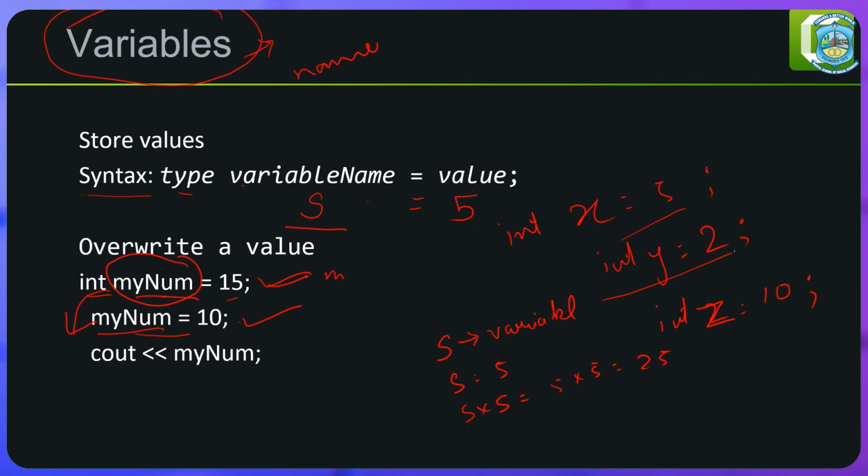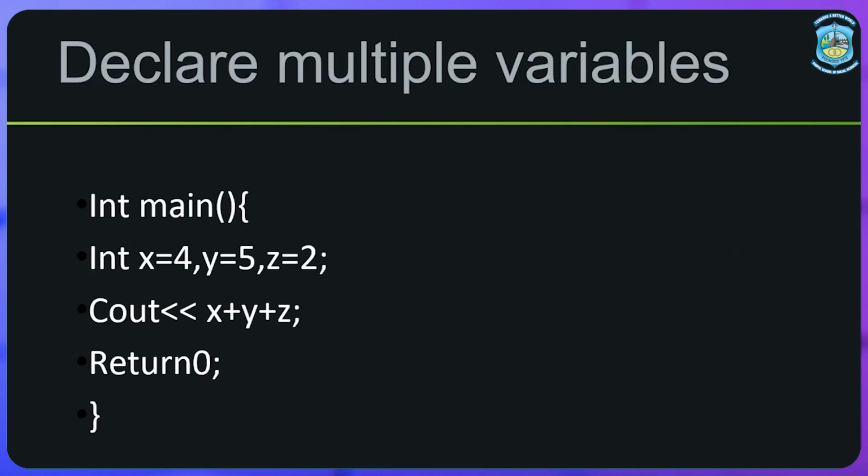But I can also write multiple variables in a single line. Like first I am writing int main, then int x is equal to 4, I can just put a comma and then write y is equal to 5, z is equal to 2, and then I can put a semicolon. Even this is acceptable in C++ programming.